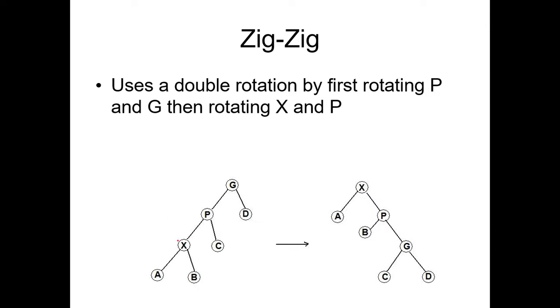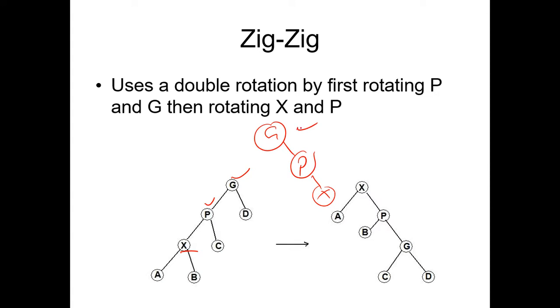You can see here X is at the left of its parent and its parent is also left of its grandparent, or vice versa, you could have this kind of situation, where X is on the right and its parent is also on the right.